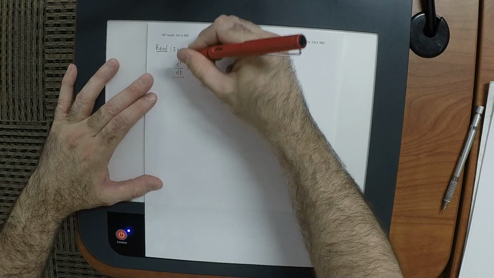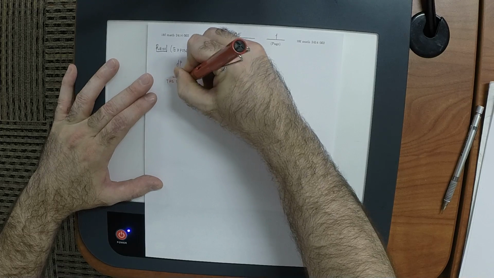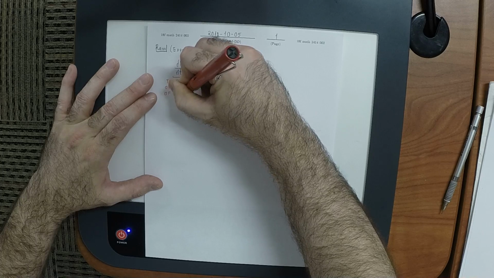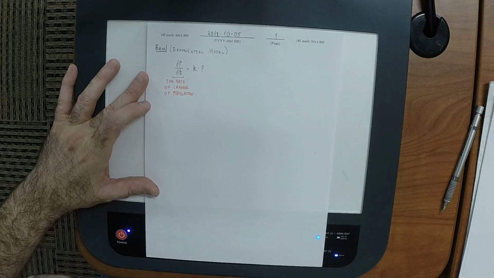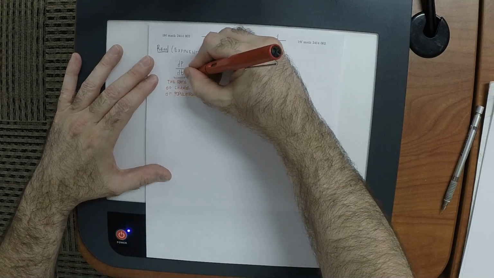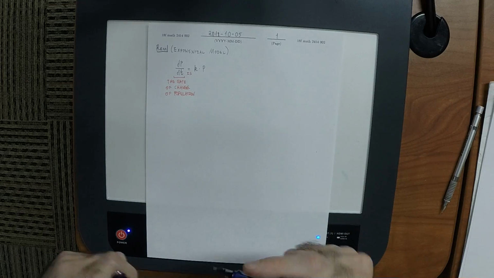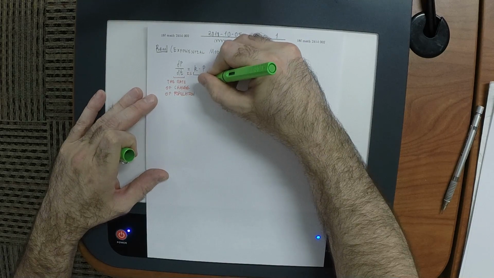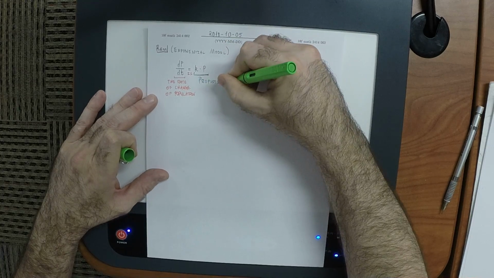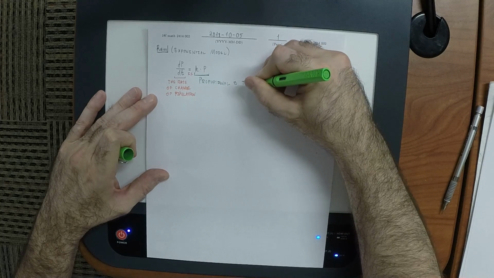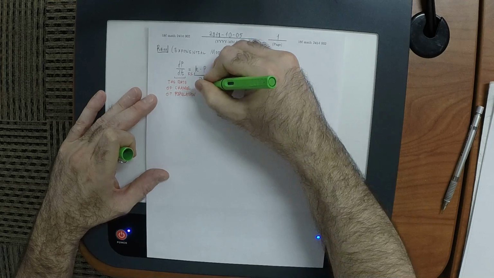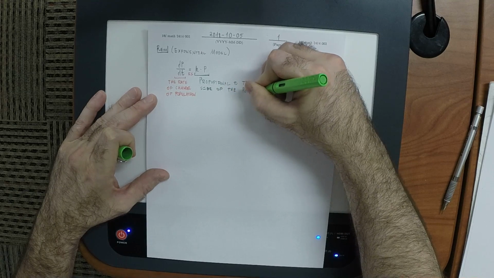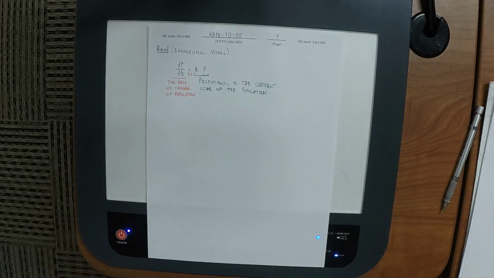It's saying that the rate of change of the population is proportional to the current size of that population.